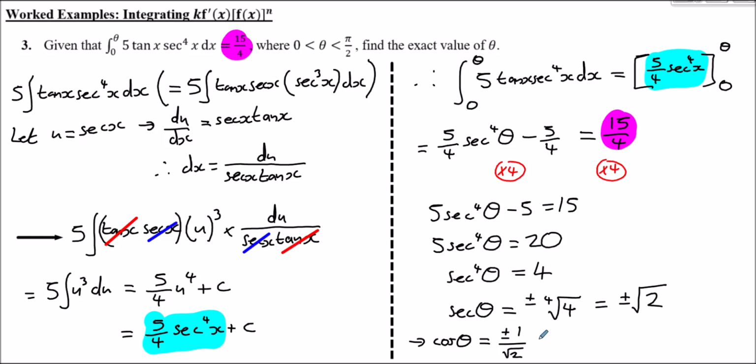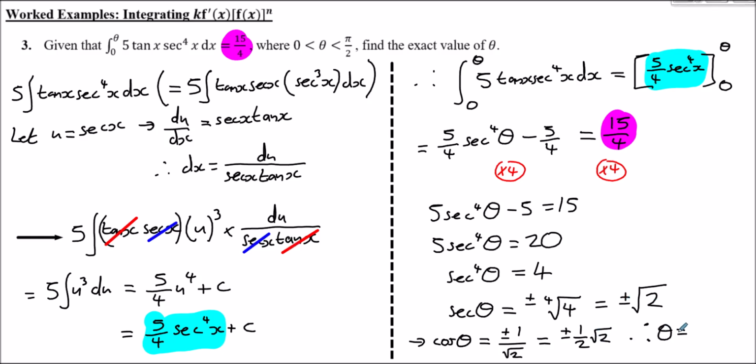Then if I were to rationalise the denominator, times both top and bottom by root 2, you get plus or minus root 2 over 2, basically plus or minus a half root 2. So this should be familiar to us. This is one of these exact values for theta. So half root 2. Again, if you're not sure, what we can do is just use a calculator if you really want to get the principal value.